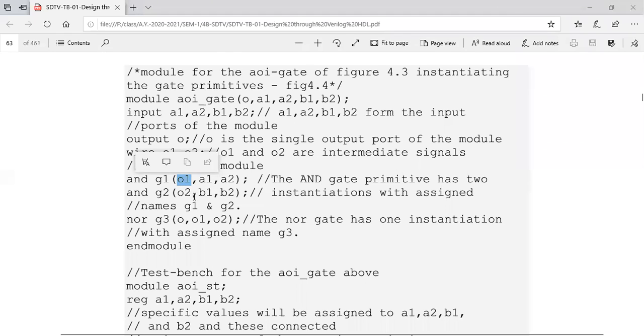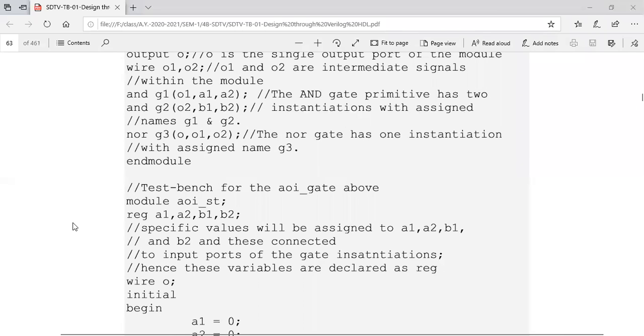In the same fashion, between B1 and B2, I will get an output of O2. G1 and G2 are the local names I have given. When I call some gate in Verilog HDL, we have to give a local name also for that particular gate.